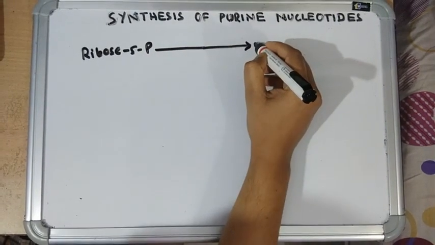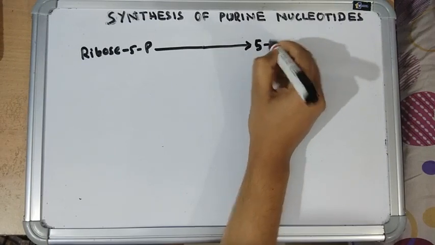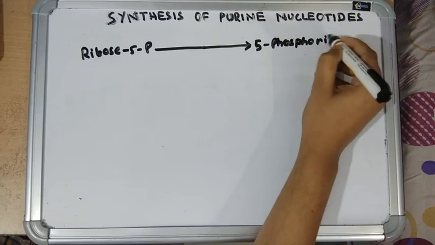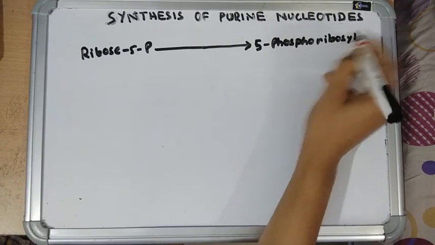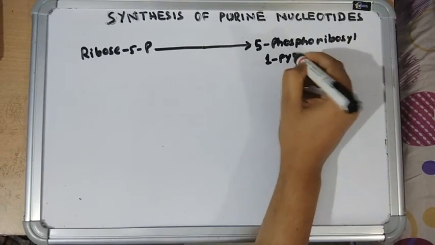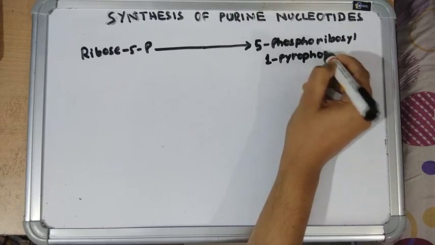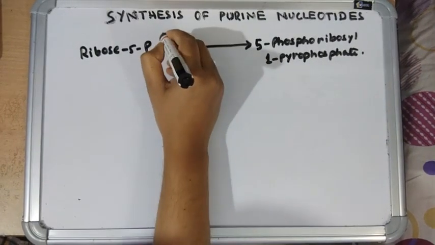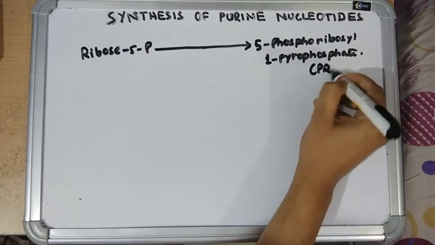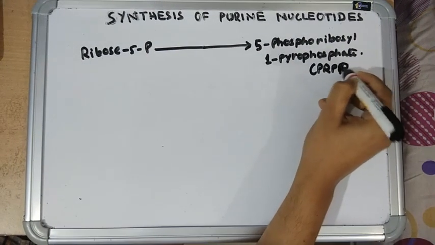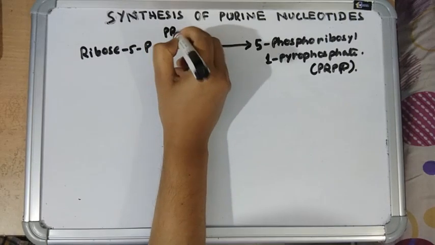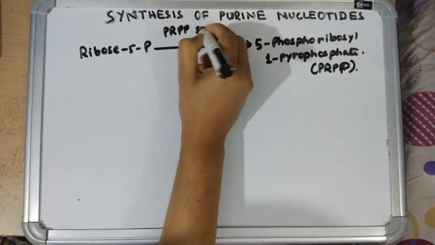It is converted into 5-phosphoribosyl 1-pyrophosphate, also known as PRPP, by the action of the enzyme PRPP synthetase.